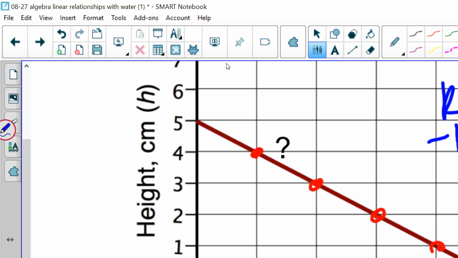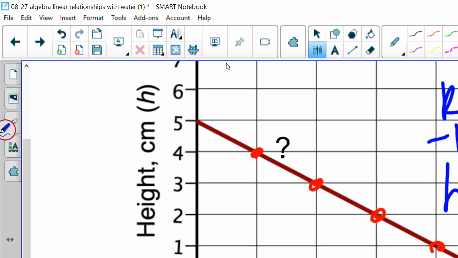Centimeters per second, yes? What variable represents my seconds here? T. T is my seconds, T for time. So if I want to write my rate of change, the height equals, it's going down 1 per second, yes? There's a piece missing here though.